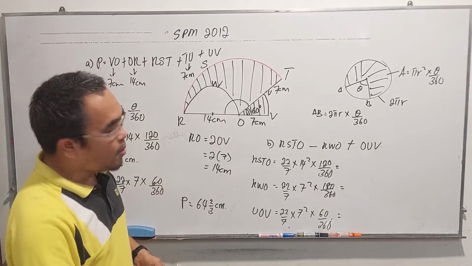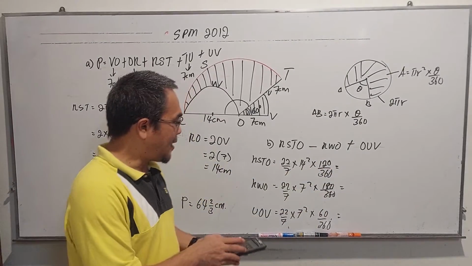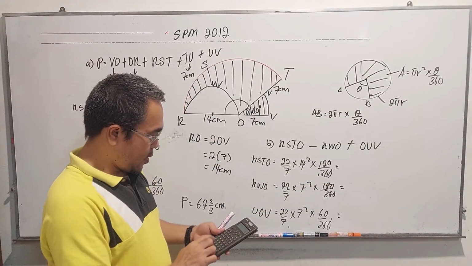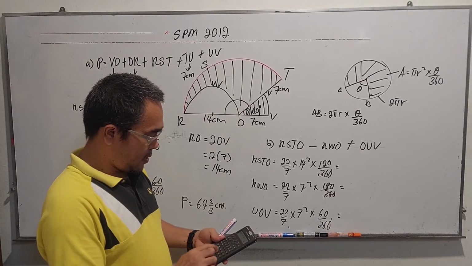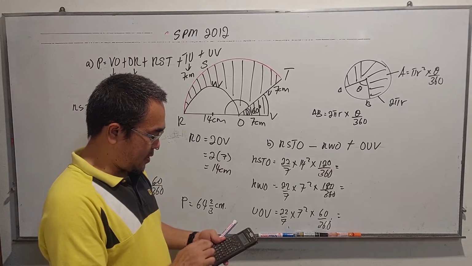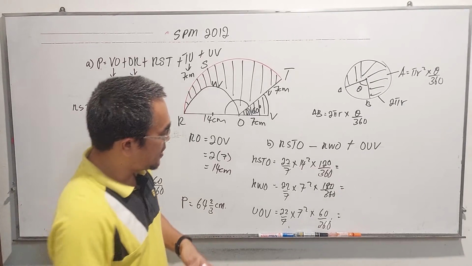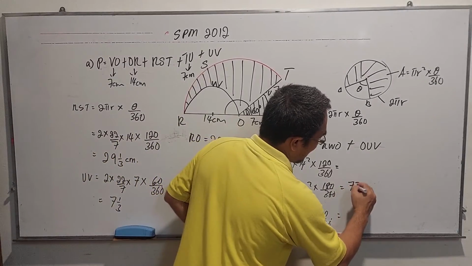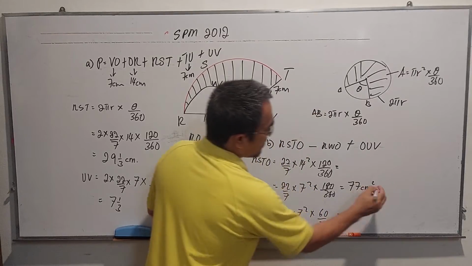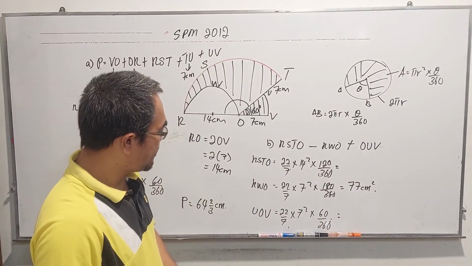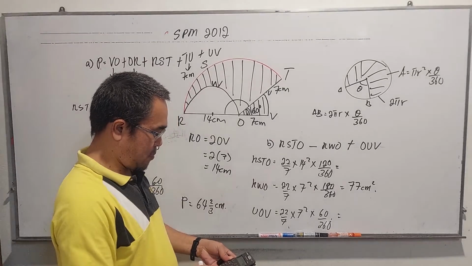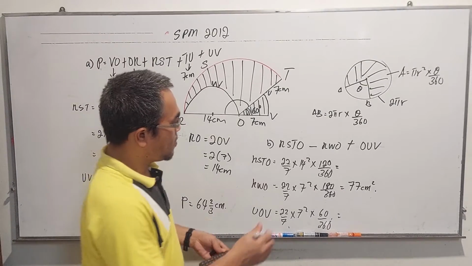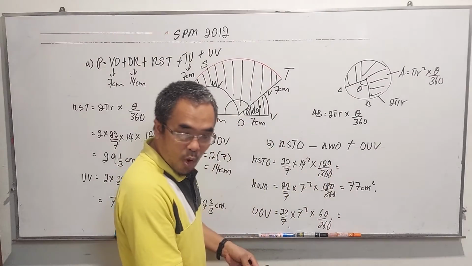So help me, you calculate the first one and I calculate the second one. 22 over 7 times 7 squared times 180 over 360. This one will be 77 centimeters squared. And the first one is 616 over 3.